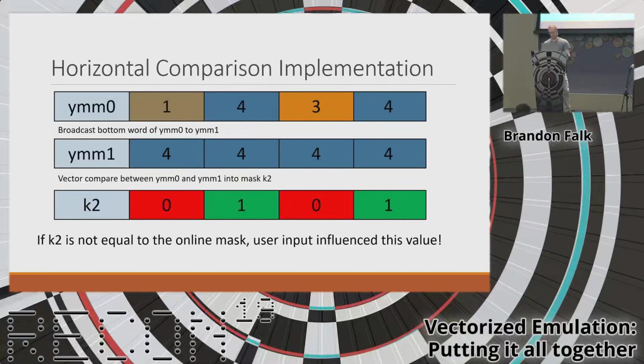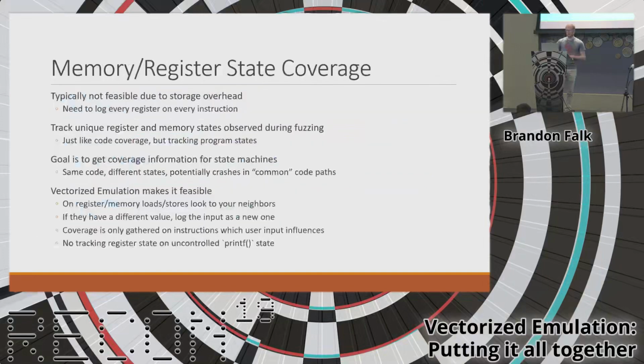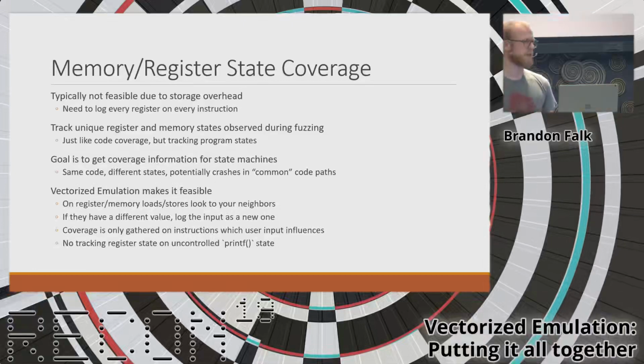By doing this, I'm able to determine when VMs have different values in their registers or are taking different branches. This allows me to compress down the coverage information. I'm no longer storing the different register states an instruction can have; I'm storing the different register states that the user input influences, because you're only ever storing coverage information on instructions where you have observed different values.